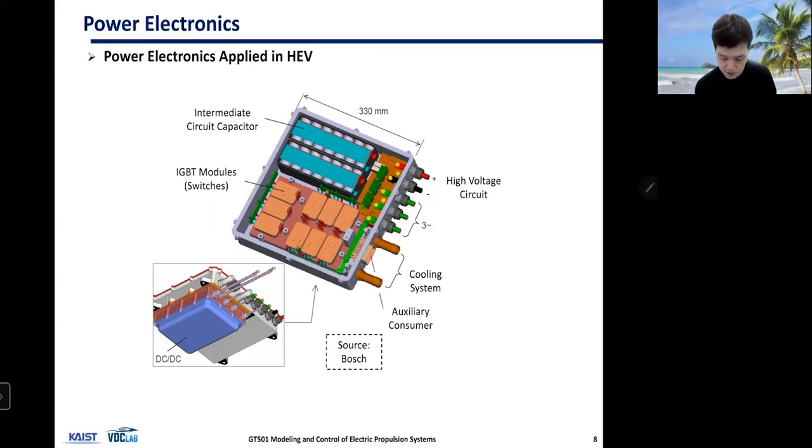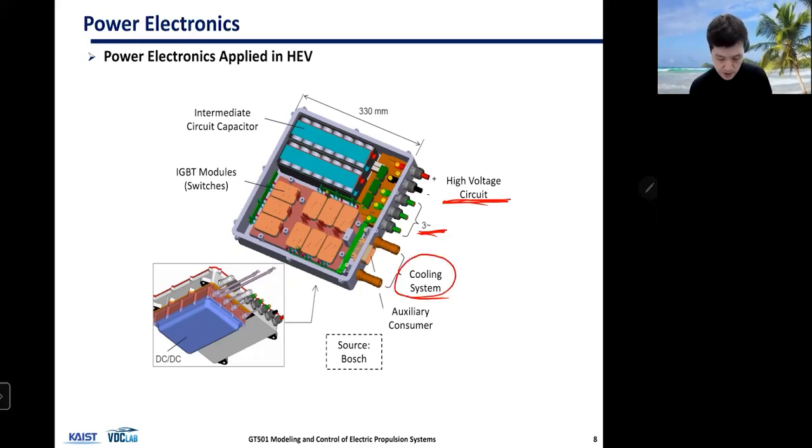So you have a three-phase AC signal voltage terminal here, and then you have high voltage input, in the case of, let's say, an inverter, and you have three-phase AC outputs, and then you have cooling systems.